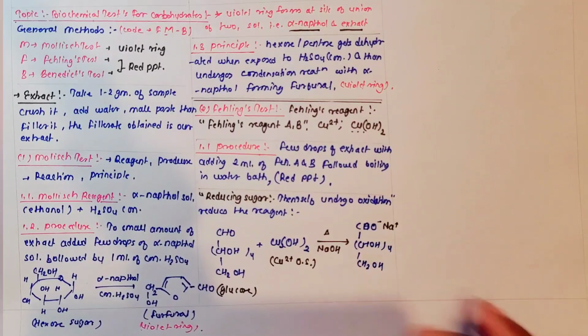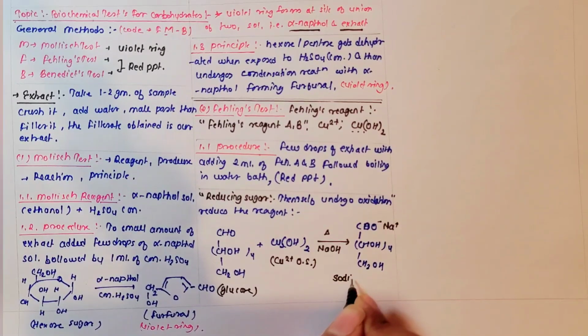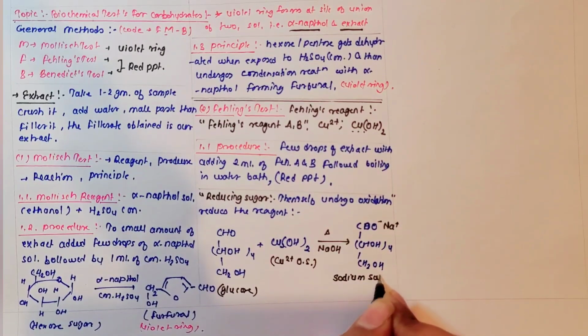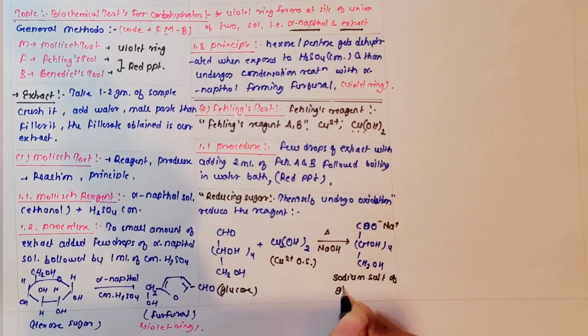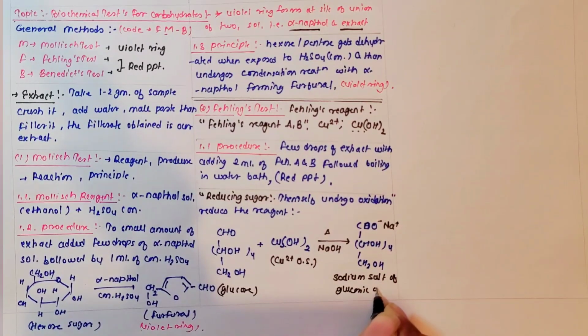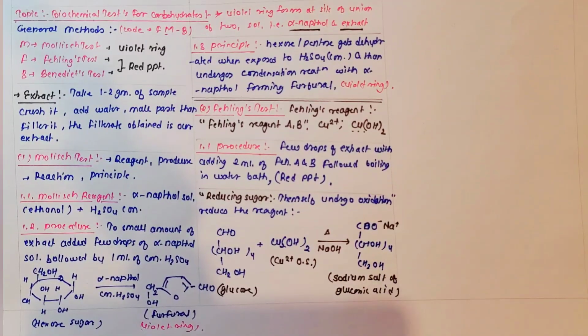This thing formed is called the sodium salt of gluconic acid. But we have nothing to do with this product because it is colorless. So this is the oxidation of glucose.